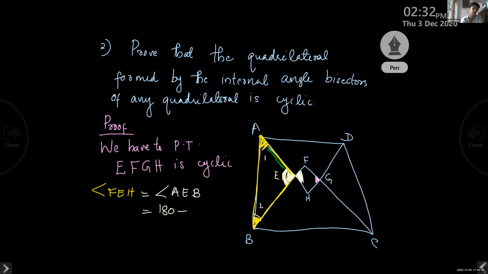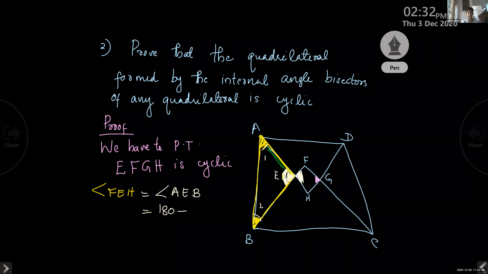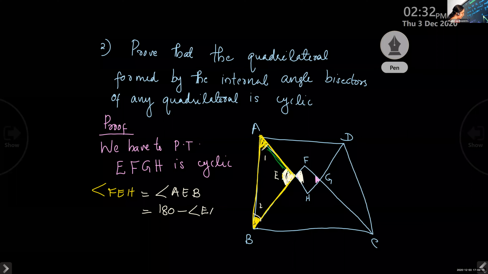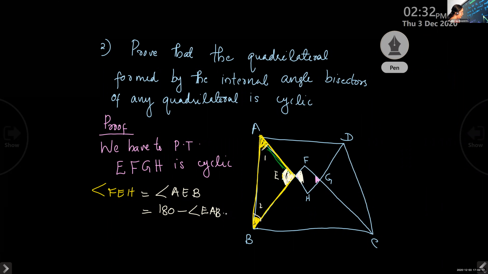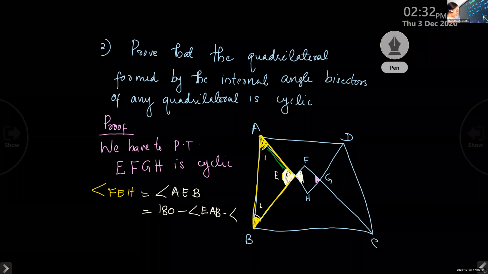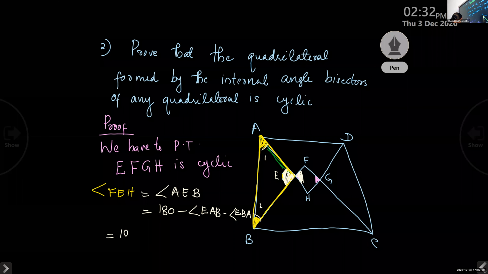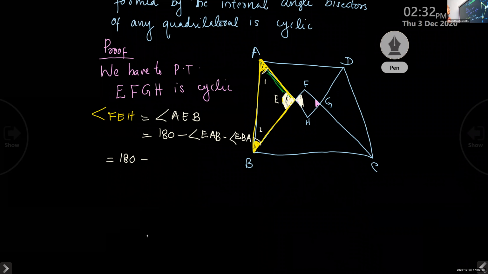So 180 minus angle EAB minus angle EBA. Write properly, children. Angle AEB is equal to 180 minus angle EAB minus angle EBA.